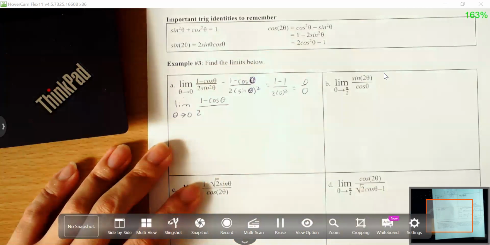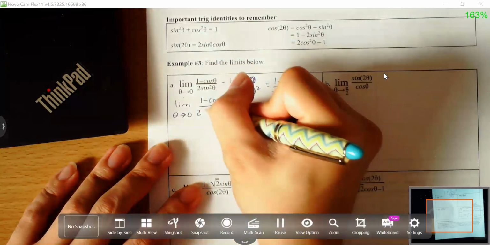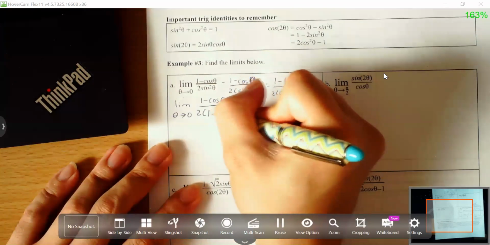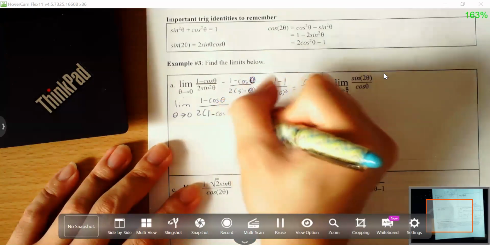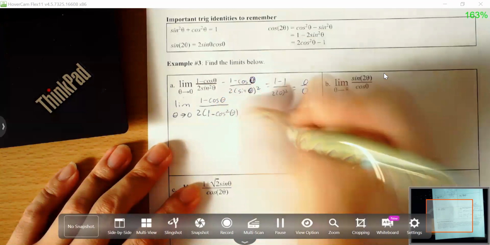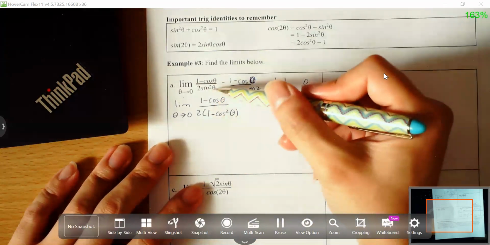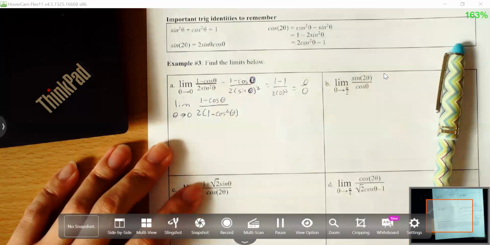I'm not doing anything with the 2. And then this is going to be 1 minus cosine squared theta. So once again, I did what I did on the front page, right? The Pythagorean identity, I made sine squared equal to 1 minus cosine squared.